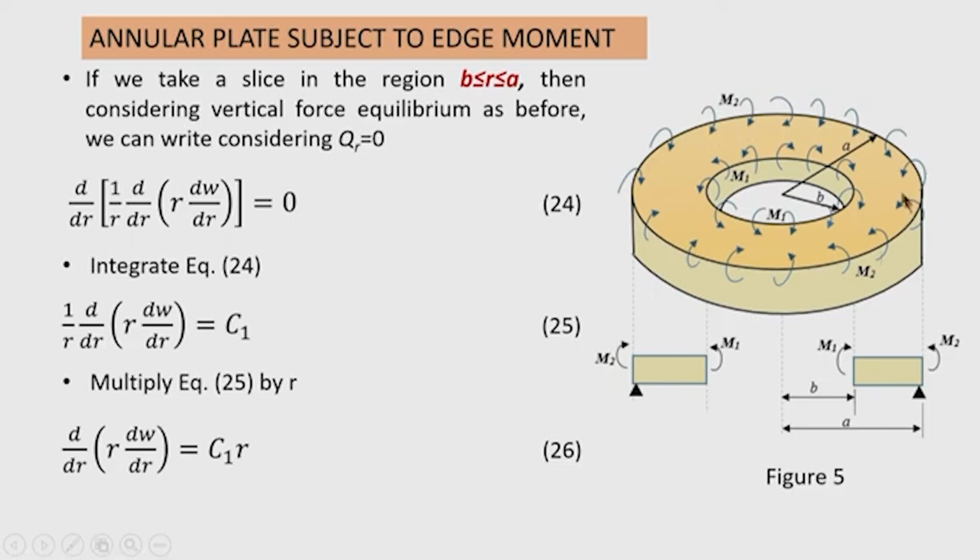So, the total radius of the complete plate is a, but there is a concentric hole at the center, and the radius of the hole is b. So, let us solve this problem.